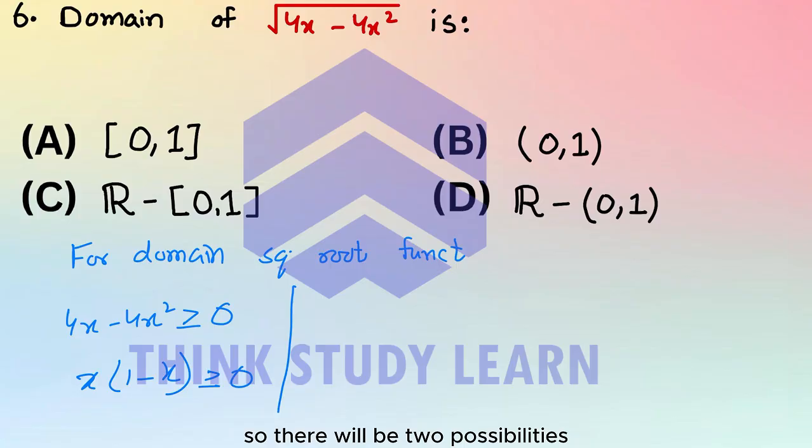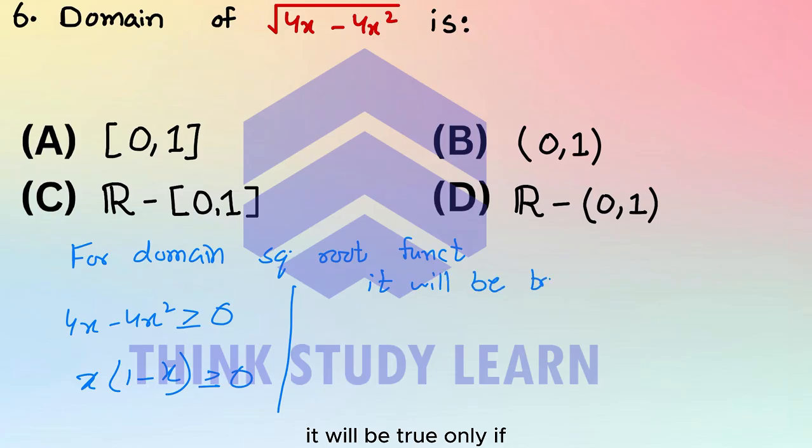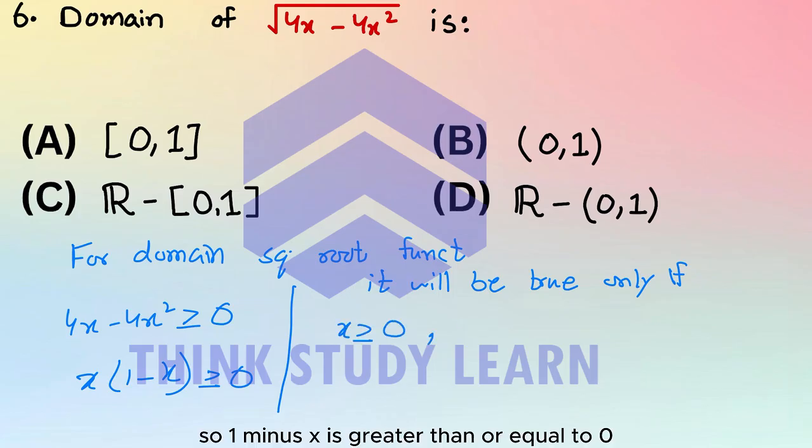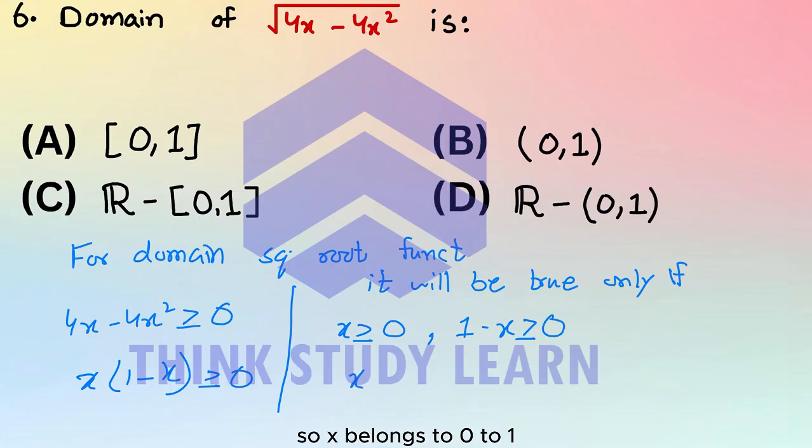So there will be two possibilities. The inequality will be true only if x is greater than or equal to 0 and 1 minus x is greater than or equal to 0. So x belongs to 0 to 1.